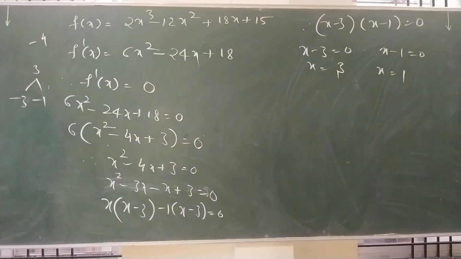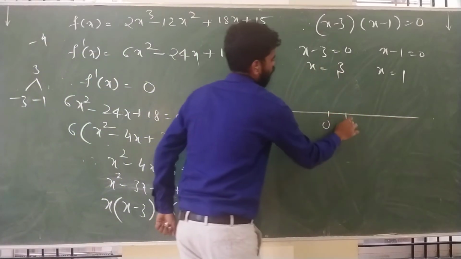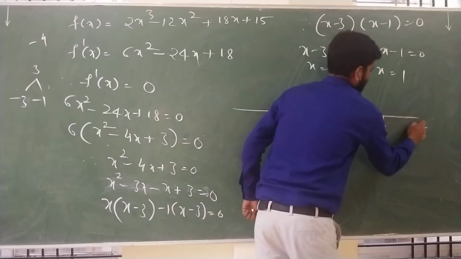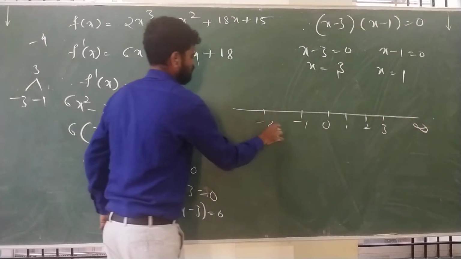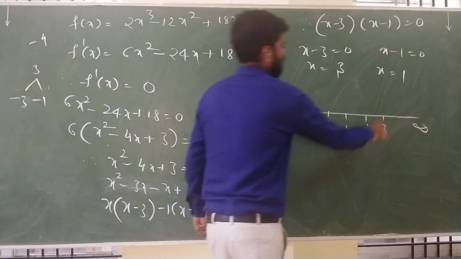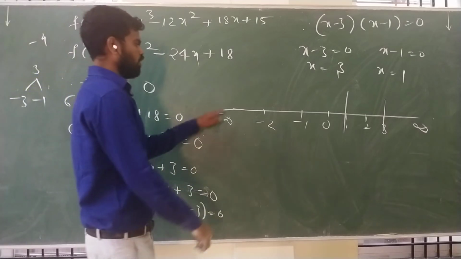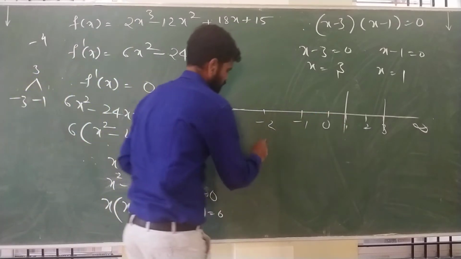Then how many intervals are there? There are 3 intervals, since x equal to 3 and x equal to 1 split the number line. The first interval is minus infinity to 1.